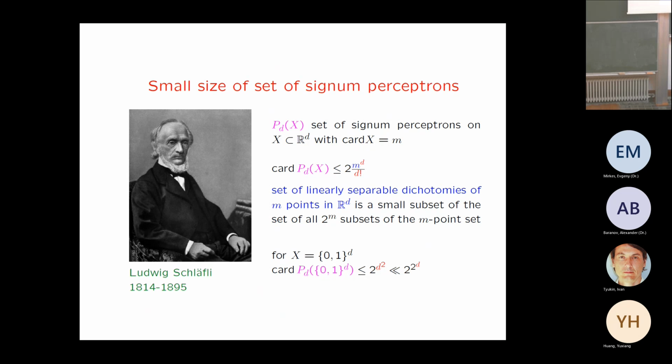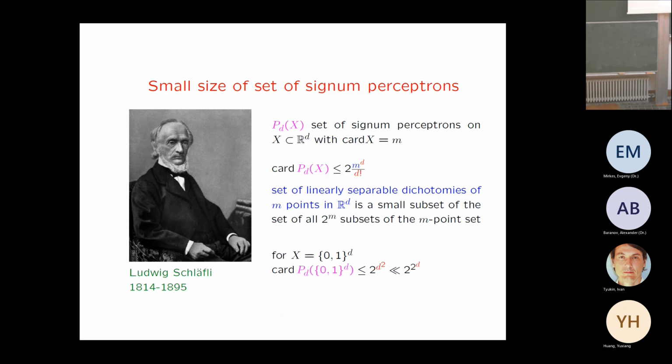For the concrete case, when the set of m points is simply the {0,1}^d Boolean cube, you have 2^d points, and all subsets is 2 to the 2^d, while those obtained by cutting by a hyperplane are only 2^(d^2). So as you see, polynomial versus exponential.